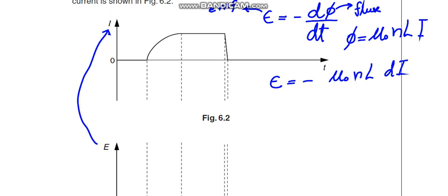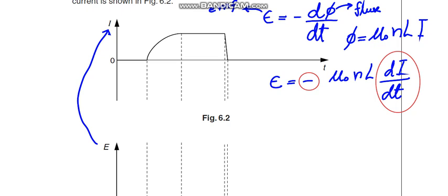With the passage of time only the current changes, so that's why we can write it. From here we can see that the EMF induced depends on two things: the gradient of the current variation, and the negative sign, meaning it will have an opposite sign to the gradient value of the current.